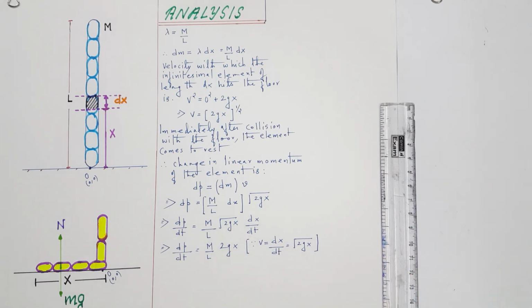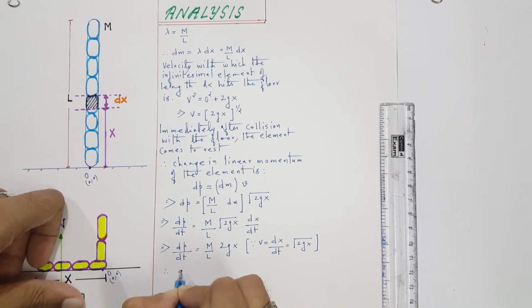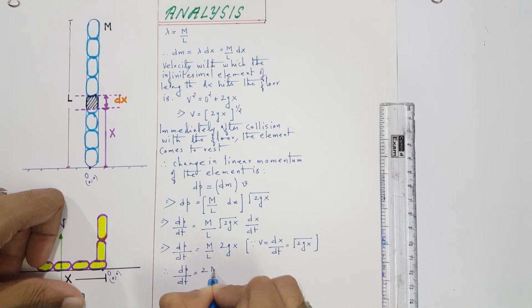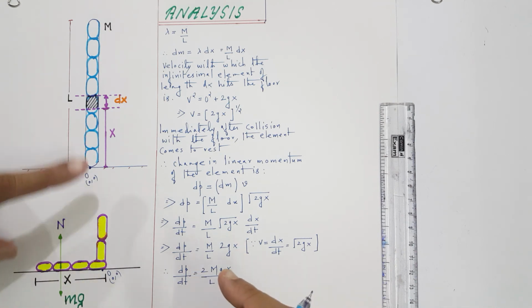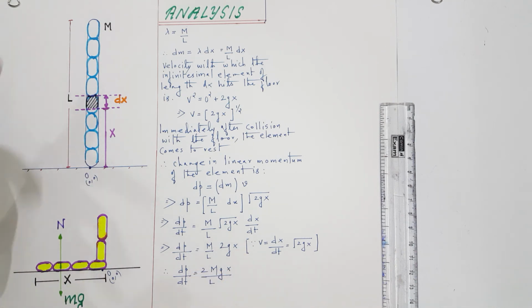Now once we have got it, dp/dt equals 2Mgx by L. So this is the force that the floor exerts on the chain, and the same force the chain exerts on the floor.